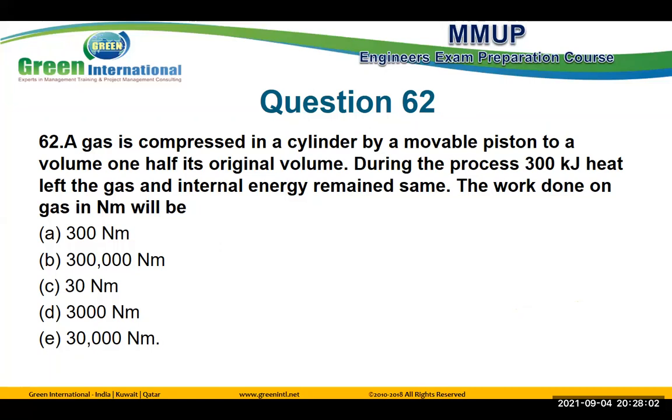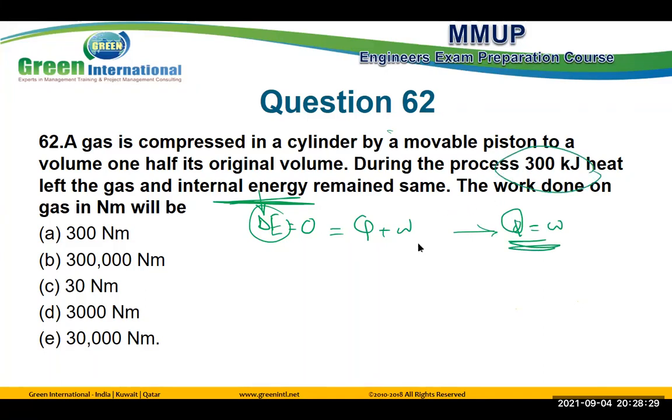Internal energy is constant, so delta U equals 0, which equals Q plus W. So Q equals the work, which is 300 kilojoule. The equivalent is option E, 300,000 Newton meter.